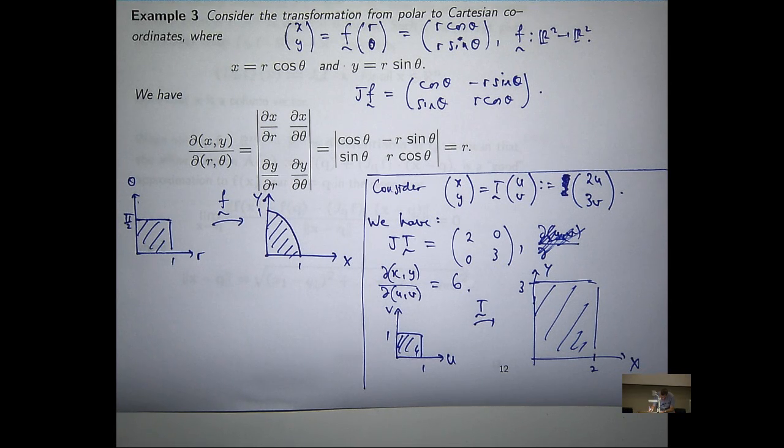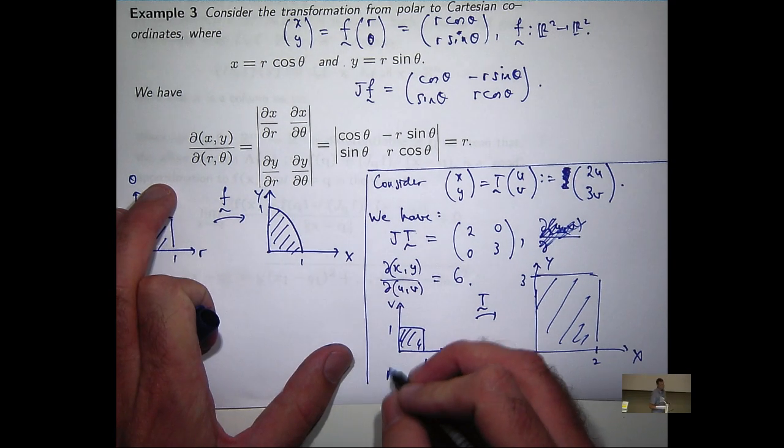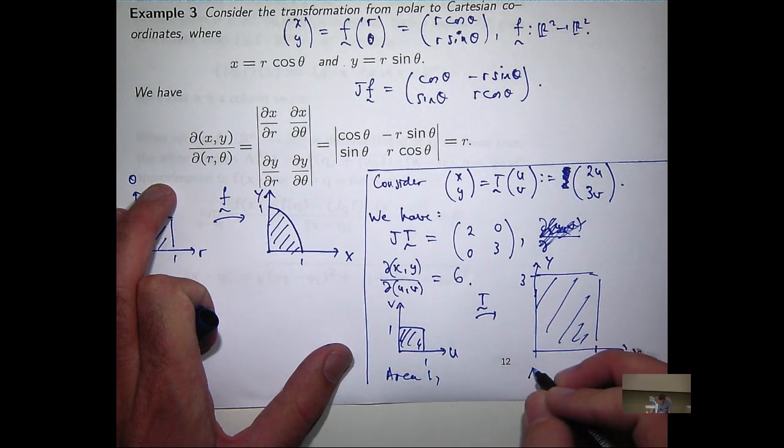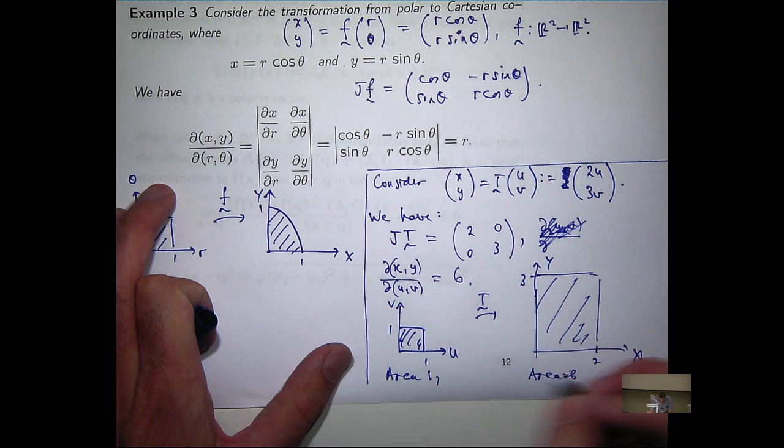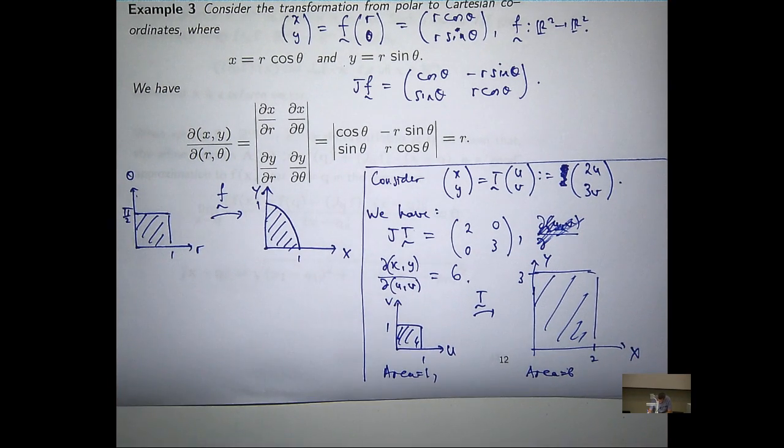This is actually true in general. So this has area 1, area 6. You can think of the Jacobian determinant as a scaling factor. It might decrease the thing, in that case it'd be something like a half. Yes?